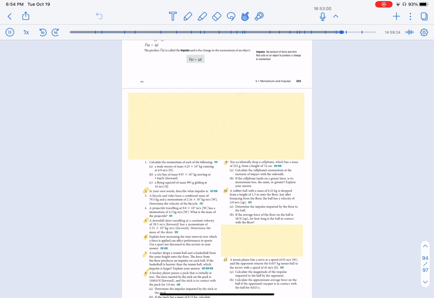But you wear equipment for 2 reasons, and the impulse reason is that the equipment's made of foam, so when it hits the foam, we're talking milliseconds here, right? But it still increases the time that the puck takes to slow down, and that decreases the force that your body's going to feel, right? We're not talking about a couple seconds, because everything still happens really fast, but milliseconds make big differences, right?